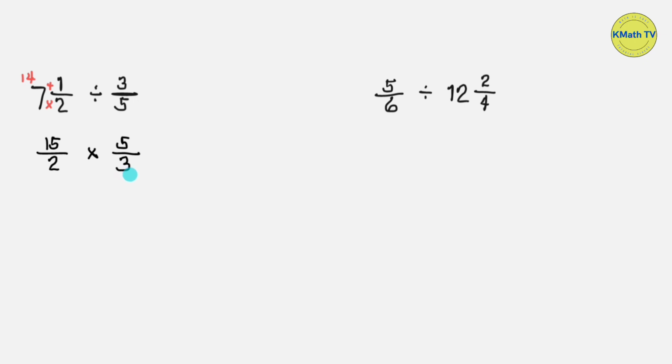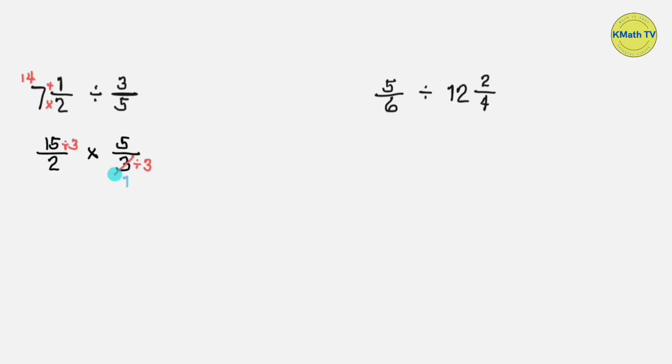Okay, here we can cancel the numerator 15 and the denominator 3 because they have GCF. So, we will divide them by their GCF 3. Okay, 3 divided by 3 equals 1.